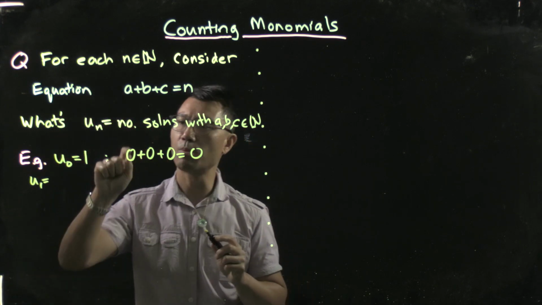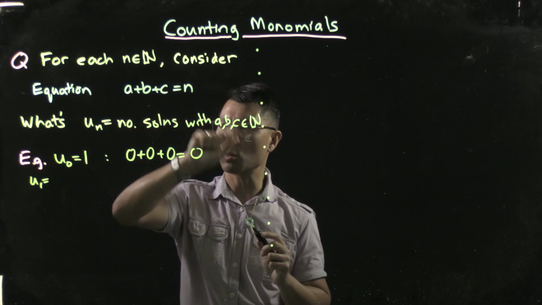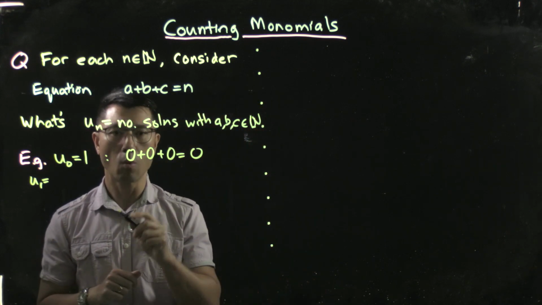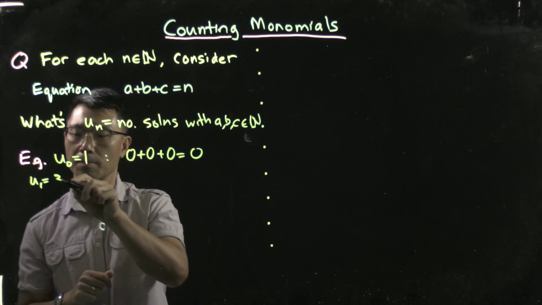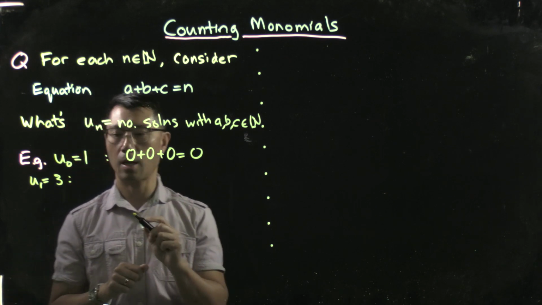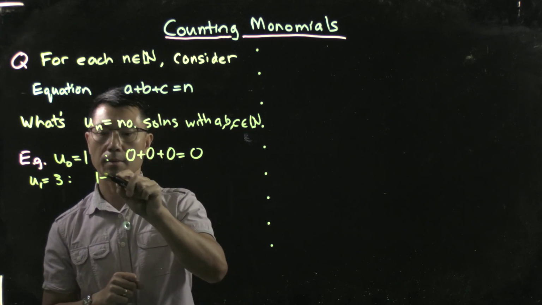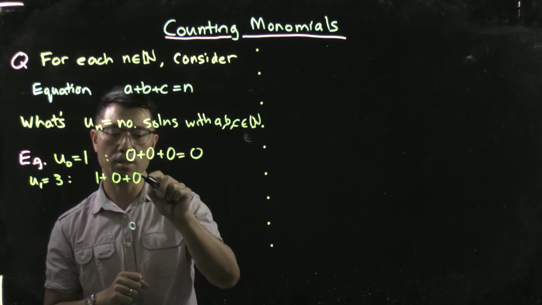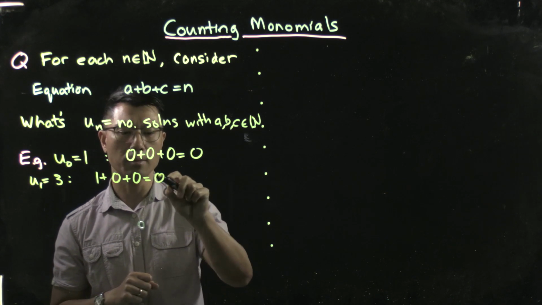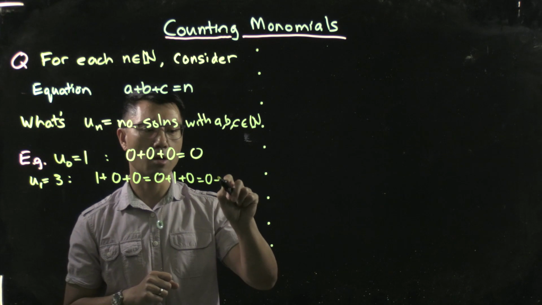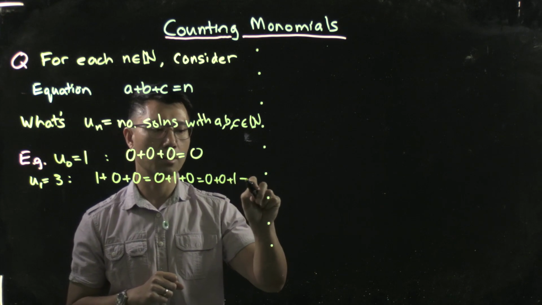What's the number of solutions to a plus b plus c equals 1 if a, b, and c are non-negative integers? I claim it has to be 3 possible solutions. So a can equal 1, in which case b and c are both 0, or b can equal 1, so you get 0 plus 1 plus 0, or you can have 0 plus 0 plus 1.